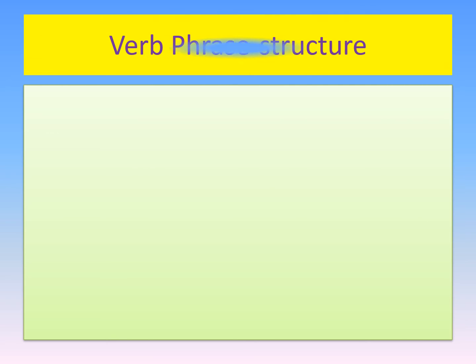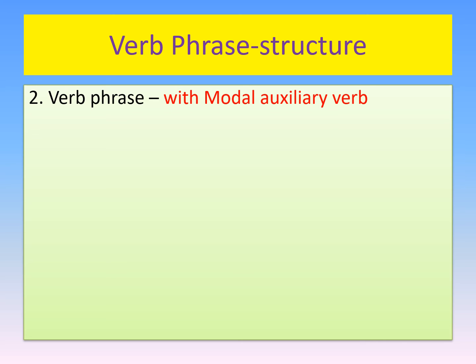Now we will see the verb phrase with modal auxiliary verb. This is the second type of verb phrase structure. You know the modal auxiliaries: can, could, may, might, must, will, would, shall, should, ought to.